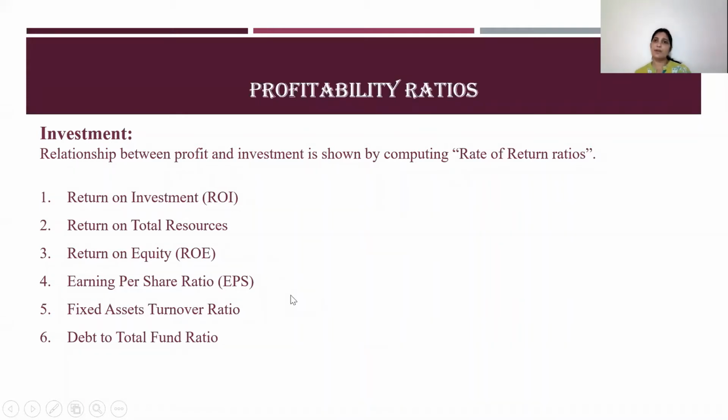EPS is very important, but you'll get 1 compulsory question for 2 marks, right? Then you have fixed assets turnover ratio, this is not so important, and debt to total fund ratio, not so. Within this you can expect only these 3, that is return on investment, return on total resources, and EPS.